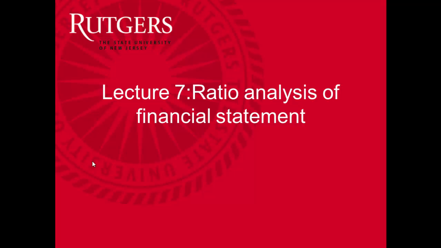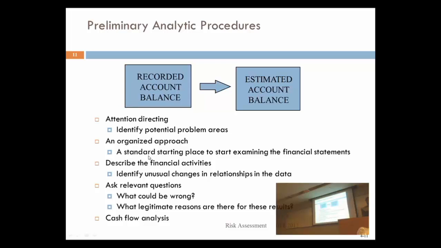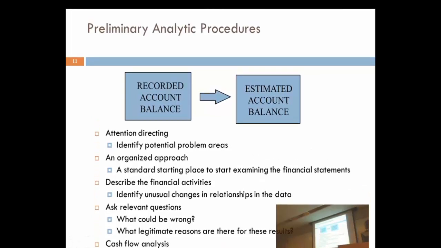It is a section of Rutgers faculty Helen Brown's auditing class. So let's just talk a little bit more about preliminary audit analytic procedures. With preliminary analytical procedures in the planning phase, it's attention directed, right? We're trying to identify where there might be potential problems.